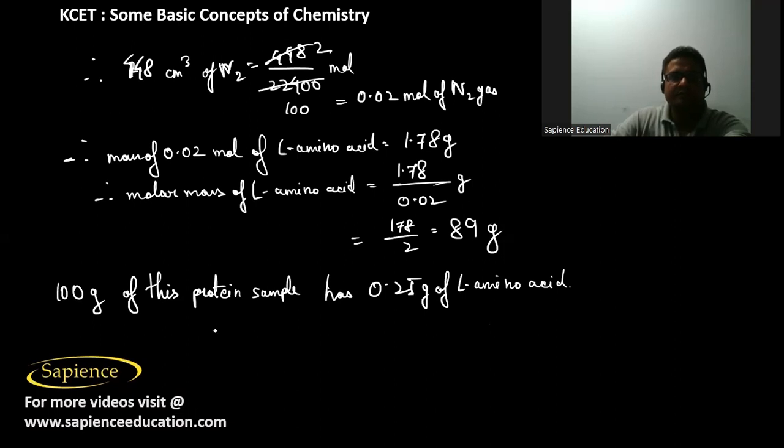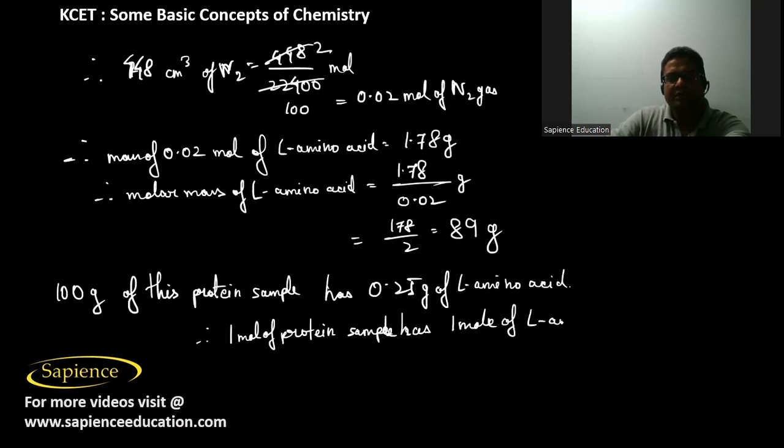Now we can say that 1 mole of the protein sample has 1 mole of this L amino acid only. So therefore 100 gram of this protein sample has 0.25 gram of L amino acid.